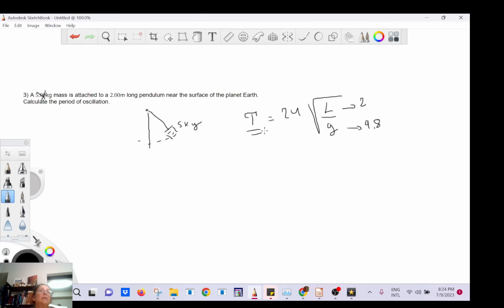You can do it. So square root of 2 divided by 9.8. And then you multiply by 2 pi. And you get 2.8 seconds.